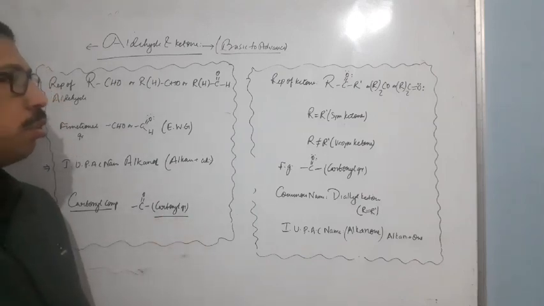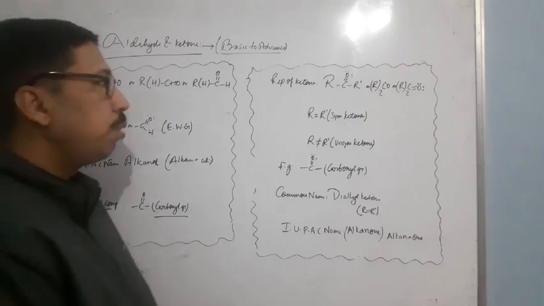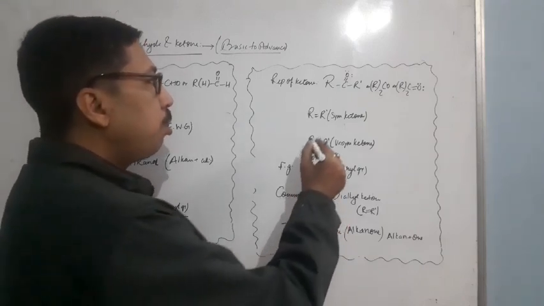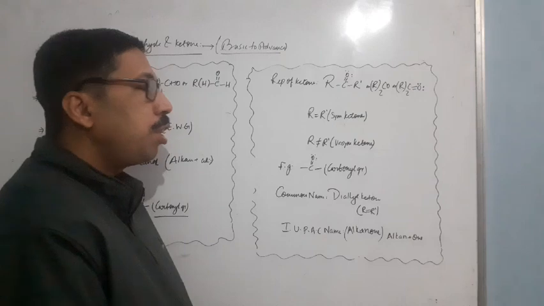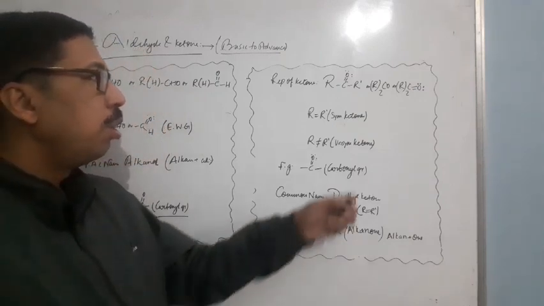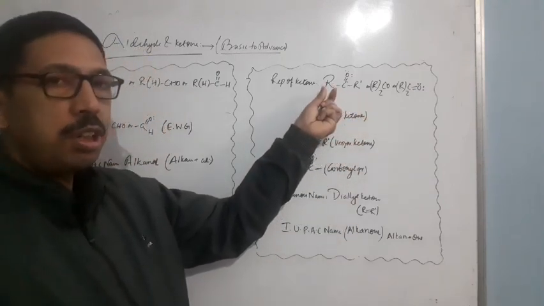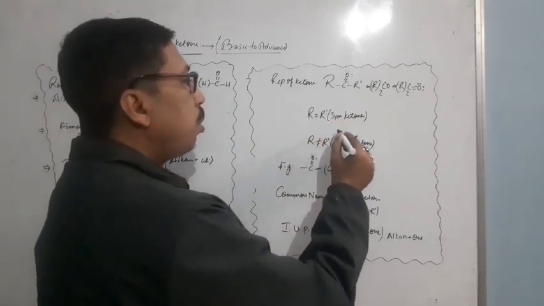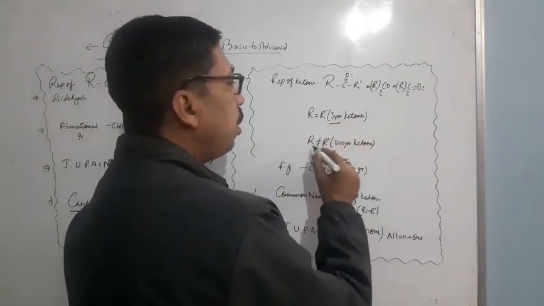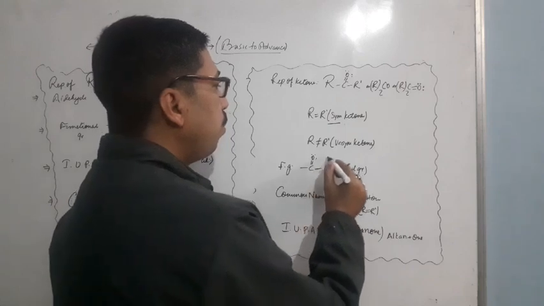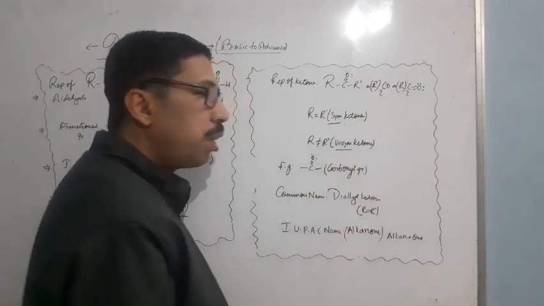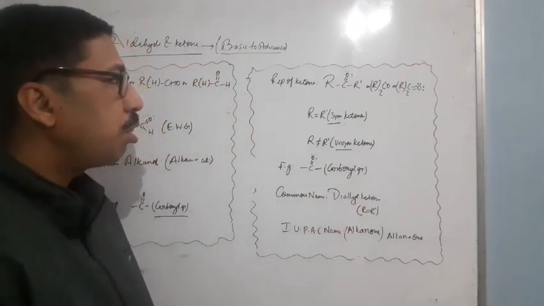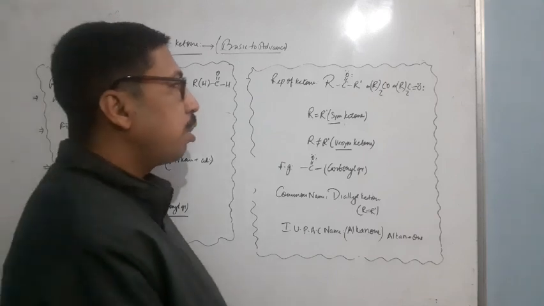Now, the representation of ketone. This is the representation: R, C double bond O, R dash. R represents an alkyl group. If R equals R dash, then it is said to be a symmetrical ketone, and if R is not equal to R dash, then the ketone is said to be an unsymmetrical ketone.